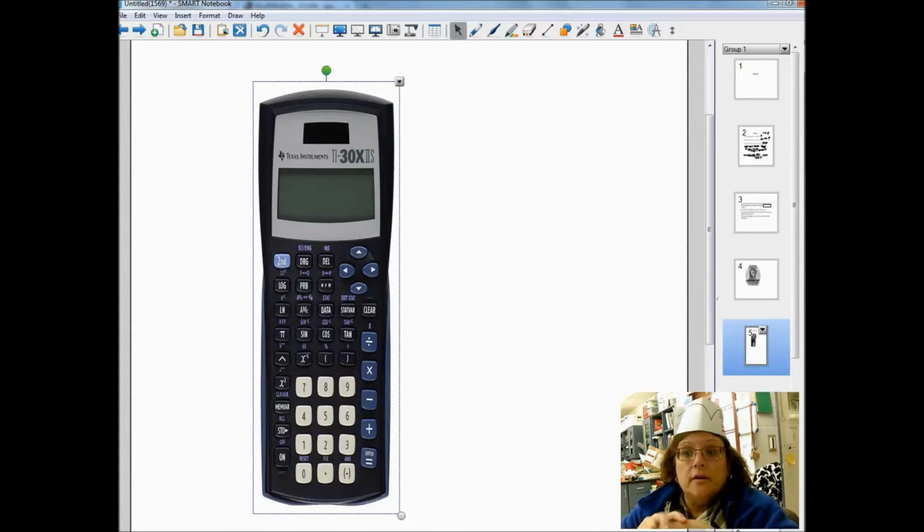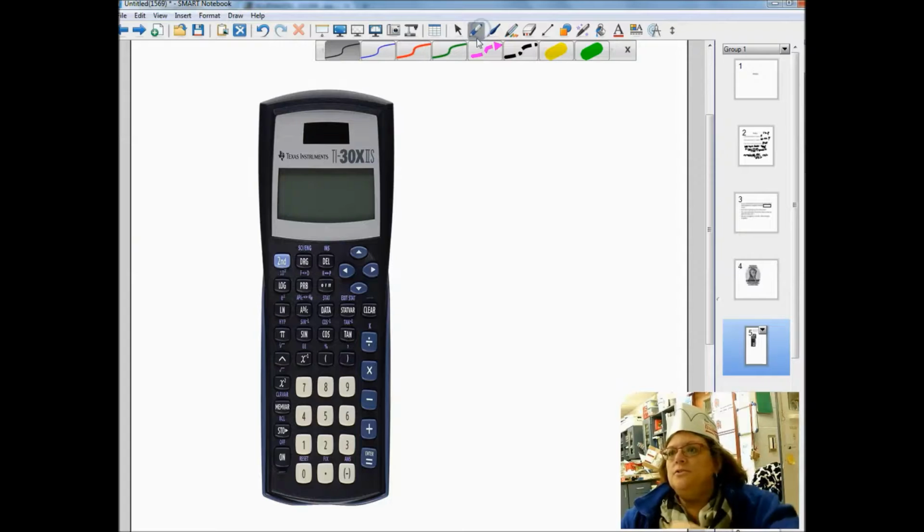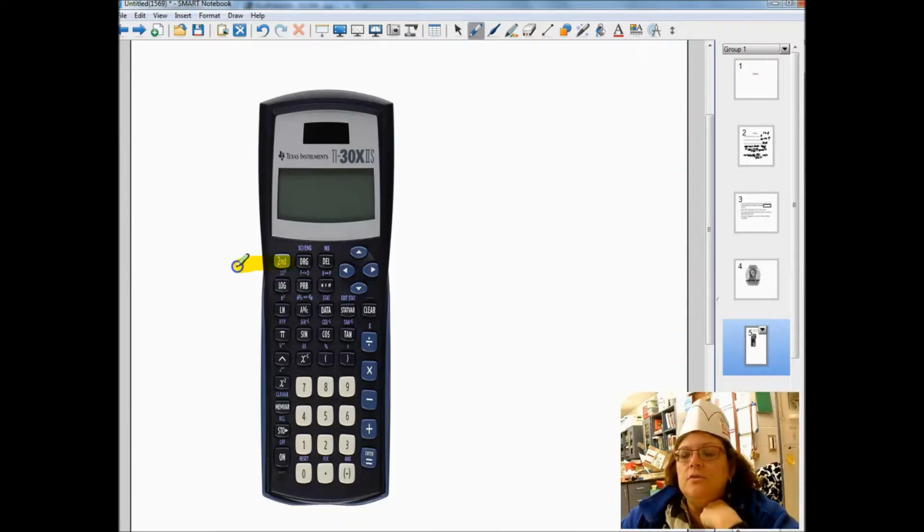Okay, this is the kind of calculator I have. And the keys that you are going to need to use are the second key, and this key down here that says x to the -1, but the second function is EE. What that means is that button can do two things.